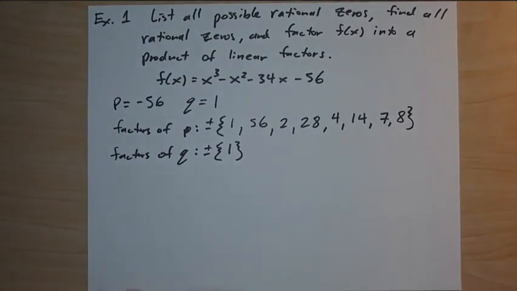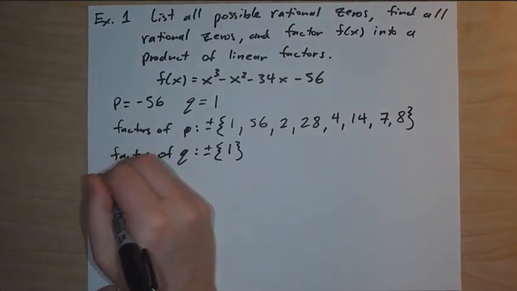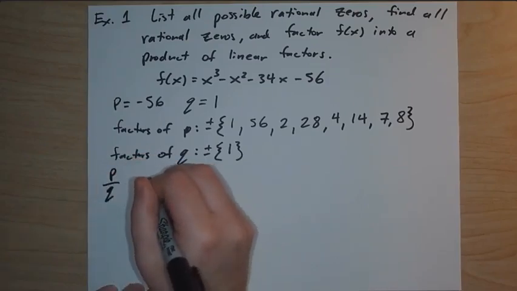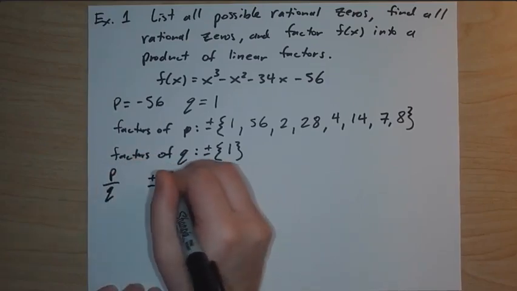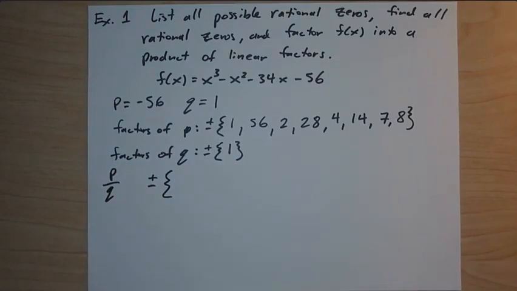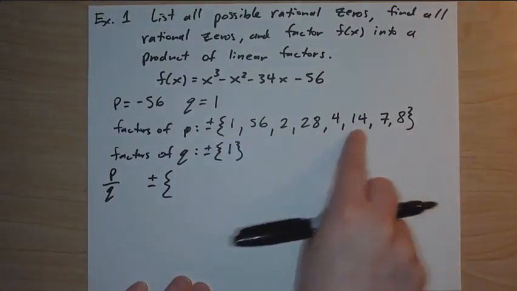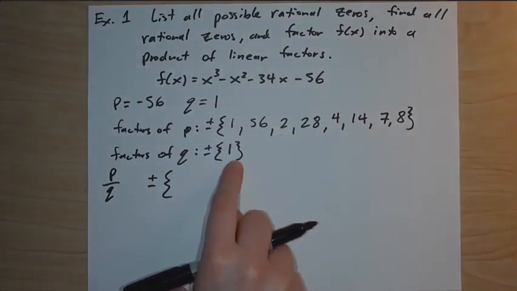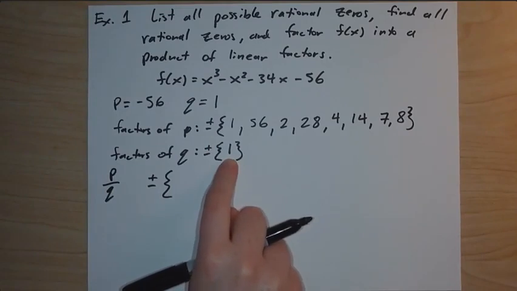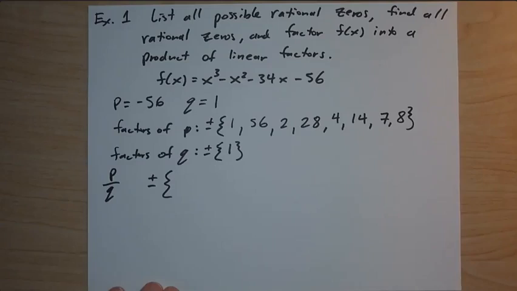And now we're going to look at P over Q. So this is going to be a positive, negative list. Everything in here could be positive or negative. And we're just essentially going to be looking at combinations of all the factors of P divided by the factors of Q. There's two factors, positive and negative 1, but since we have positive and negative here, we can simply write it a little bit easier.